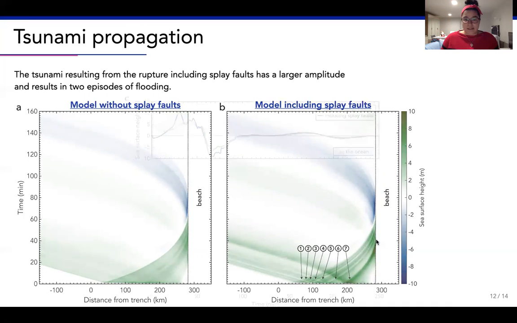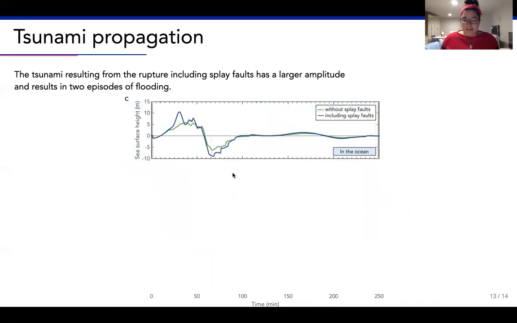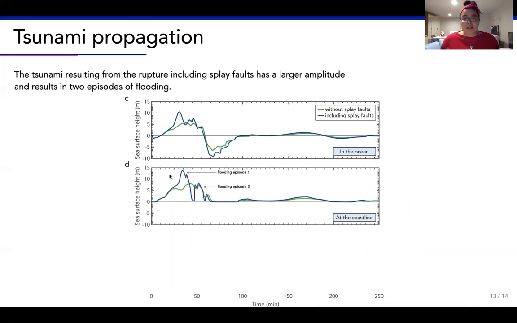If we want to look at that in time, we can look at several places. In the ocean, it looks like this. Again, green is the model without splay faults, and blue is the model including splay faults. If we look at the coast, we see that there are 2 flooding episodes. First, we have this large, high amplitude tsunami peak, flooding episode 1, which corresponds to the largest splay fault the rupture encounters first and produces the most surface displacement on.